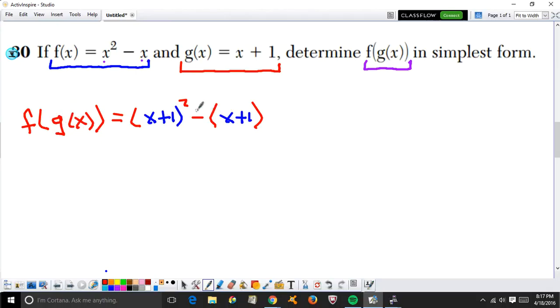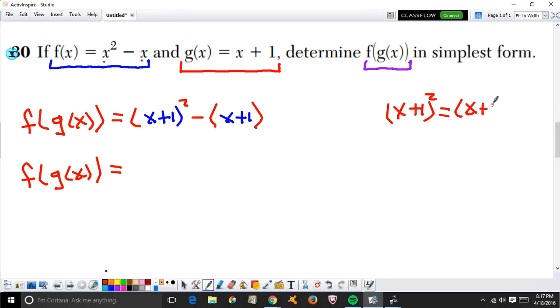So now we just simplify. f of g of x is equal to x plus 1 to the second. That's the same as x plus 1 times x plus 1, which is equal to x squared plus 2x plus 1.